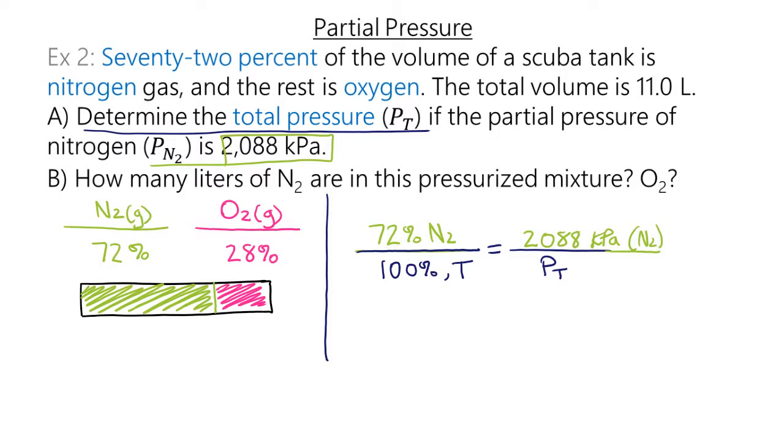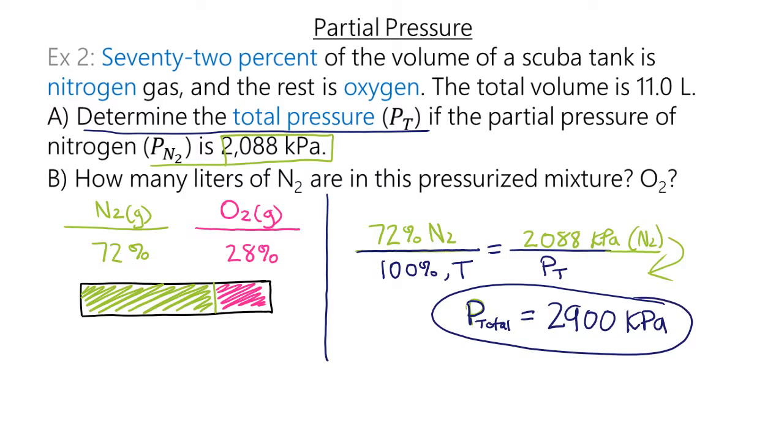Cross multiplication and just general logic would show you that if 72% of the volume is nitrogen, then 2088 is 72% of some number. And with some cross multiplication, you can figure out that the total pressure equals about 2,900 kPa.